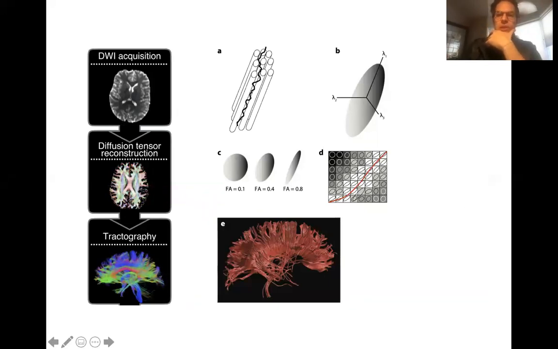In diffusion weighted imaging, what we are looking at specifically is how water moves in the brain. This technique takes advantage of the idea that when water molecules are allowed to move in an unconstrained motion, their average motion over time represents something like a sphere. This idea is called Brownian motion.